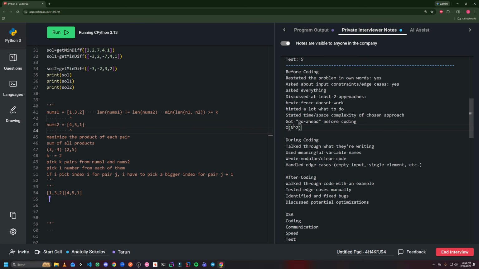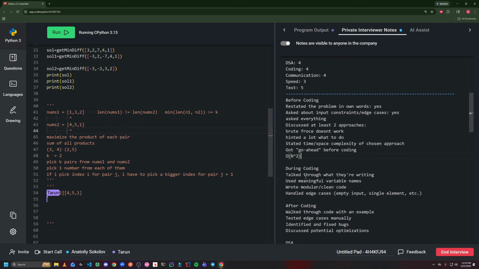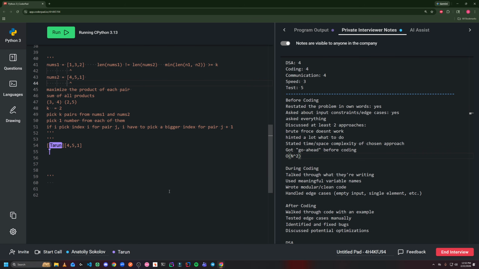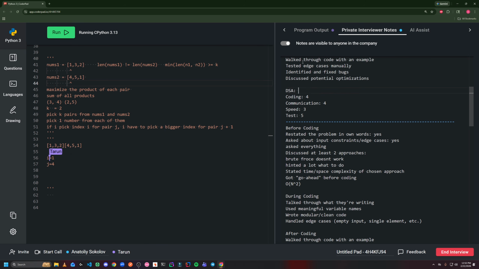Okay, do you want to code it then or do you want to write anything else? I think we have about 15 minutes. Yeah, I just want to try it before, sure. So for example, if my i is at 1 and j is at 4, I have options to skip. So I'm just thinking, how can I get the maximum product?